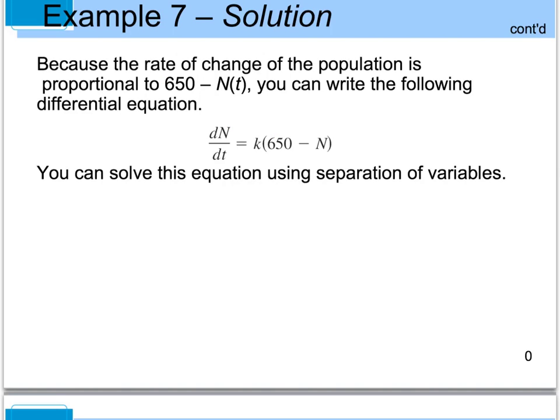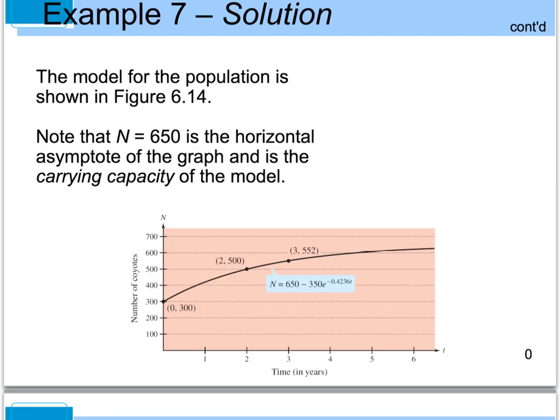Alright, and I apologize, I actually did all the work on the other slide's problem. But the one thing I do want to point out is that when you graph this, you'll see that you end up with a function that looks something like this curve.